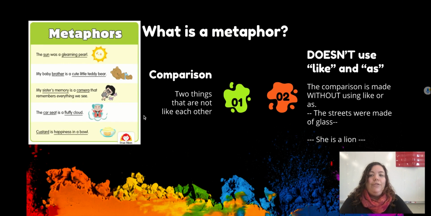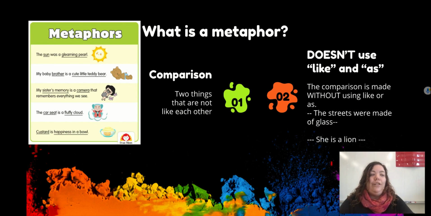On the other hand, we also have a metaphor. It is also a comparison. We're still comparing two things that are not like each other, but in this case, we do not use like and as. When we have a metaphor and we are comparing, we do not use the words like or as. So if I say the streets were made of glass, the streets are not literally made of glass. It's still figurative language.